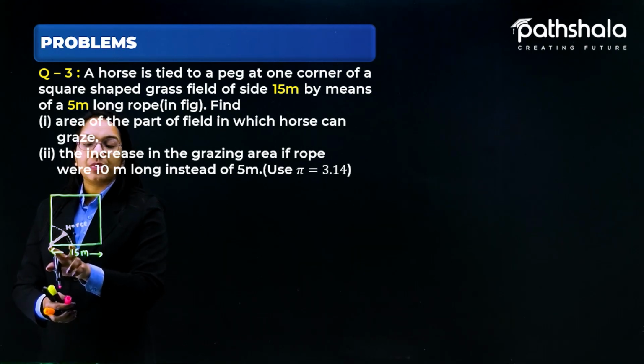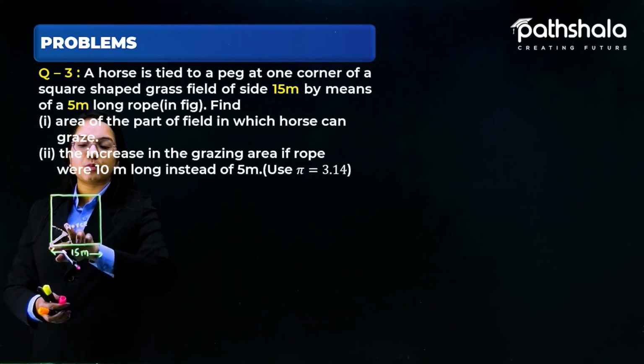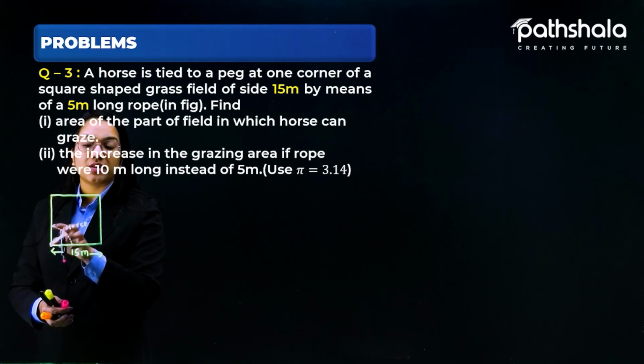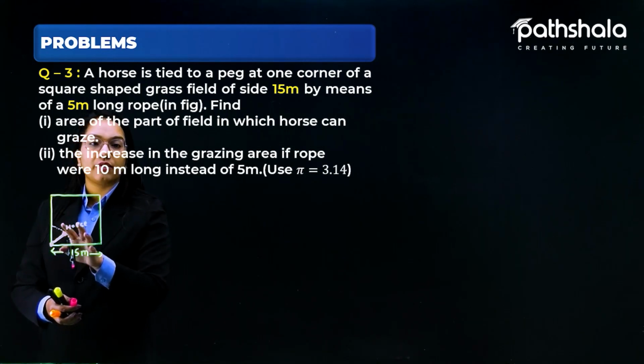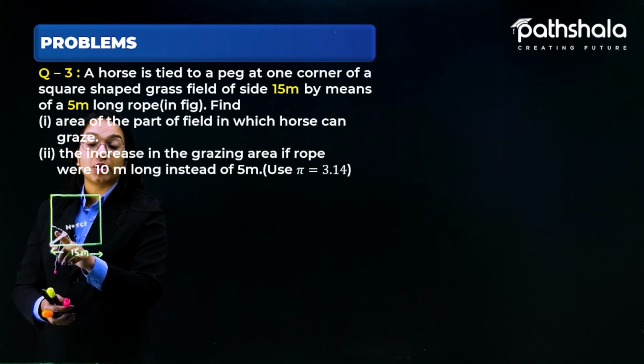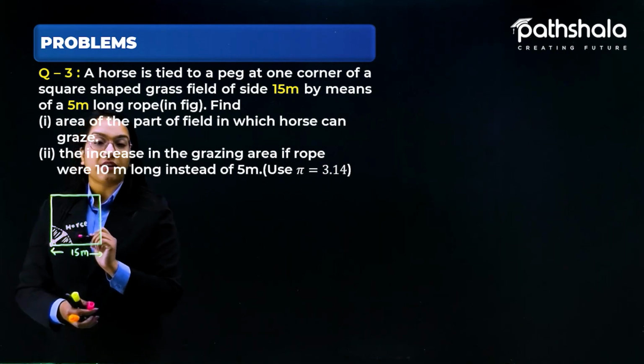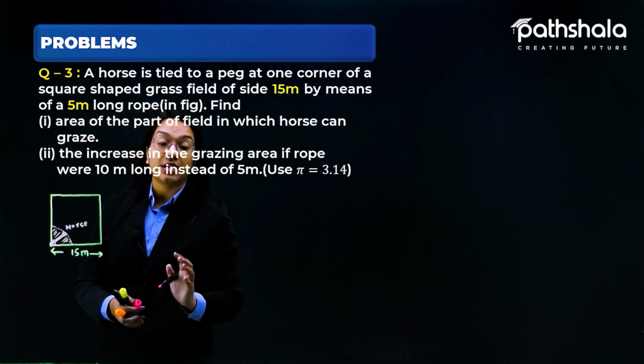The horse can graze only within this sector, and the angle of this sector is definitely 90 degrees.